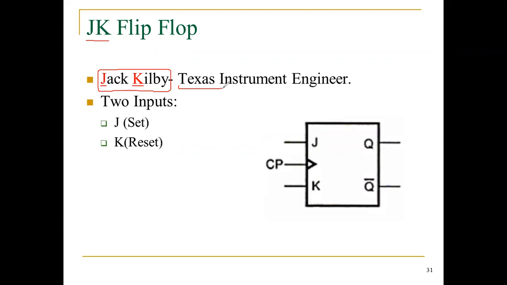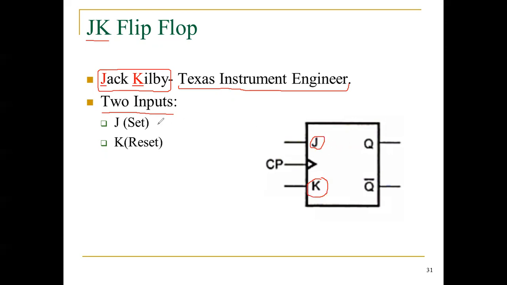This JK flip-flop was designed or invented by the Texas Instruments engineers. Similar to the SR flip-flop, this flip-flop also has two inputs and two outputs. The two inputs are called J and K. The J input is called the set input and the K input is called the reset input.